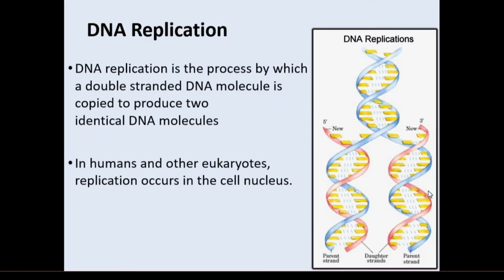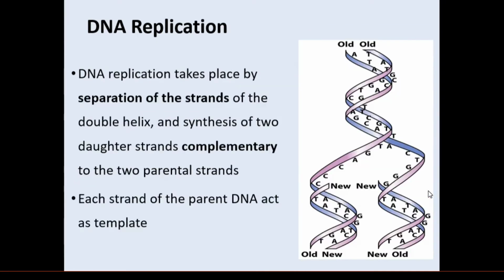In humans and other eukaryotes, replication occurs in the cell nucleus, while in prokaryotes, replication takes place in the cytoplasm. Why? Because in prokaryotes, there is no nuclear membrane.